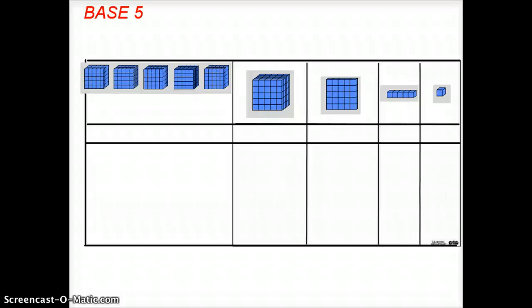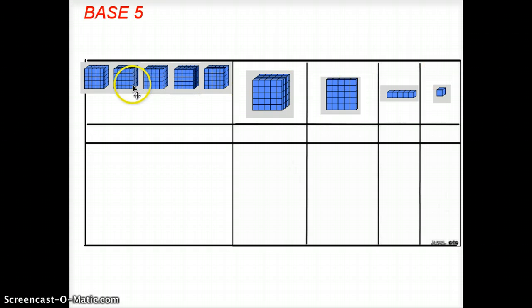To start, I would show them this chart, and we would discuss the ways that it looks similar or different to this chart. First of all, there is the same kind of looking items, so meaning we have a 1, we have a rod, we have a flat, we have a long flat, it's sometimes called, or a big cube.